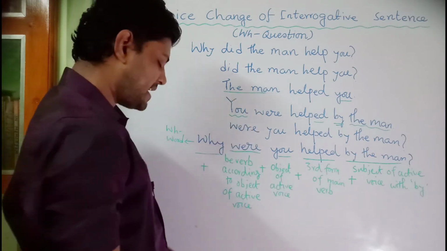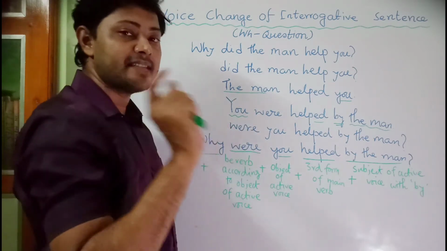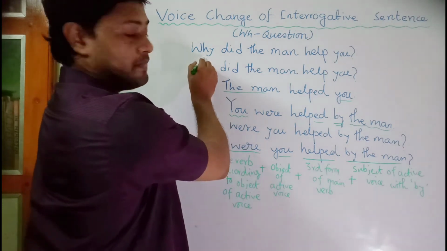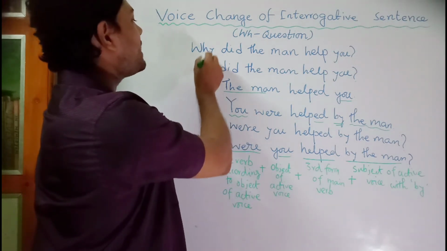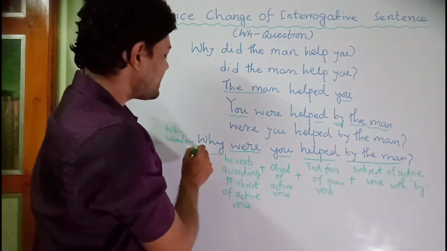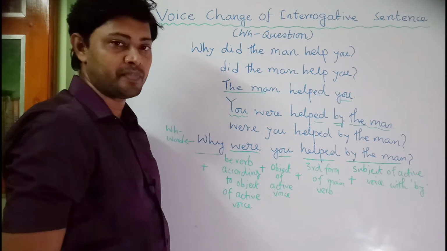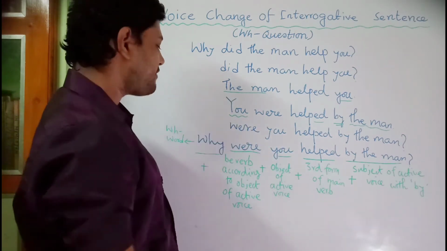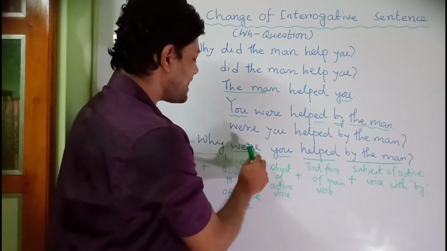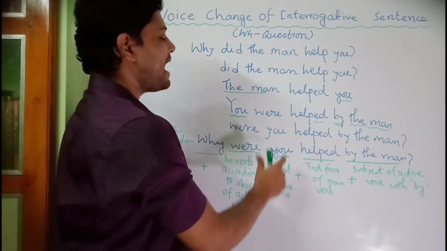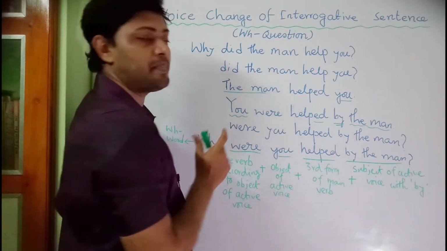So what are the steps here? The first thing that we have to remember is that the WH word which was at the beginning of the WH question, that means in the active voice, remains in the first place of the passive voice. Clear? After that we have to place the be verb according to the subject of the passive voice.